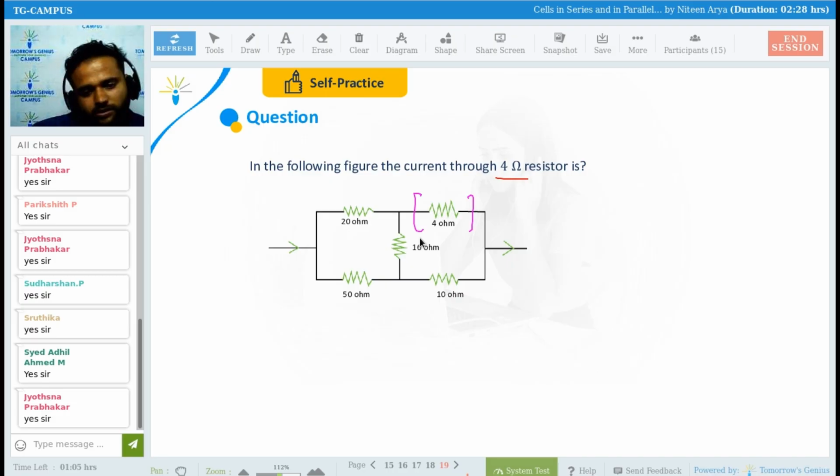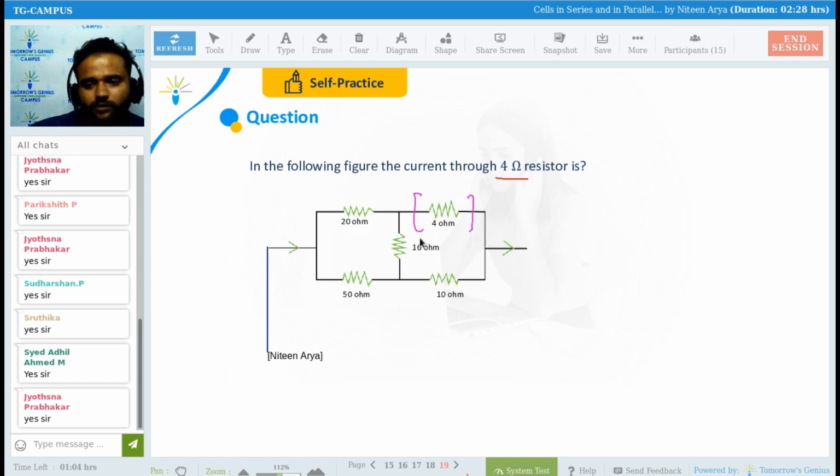Okay, there is a catch in this. See how you're going to find the current for this. One thing is missing here, the potential. Just give me a minute.